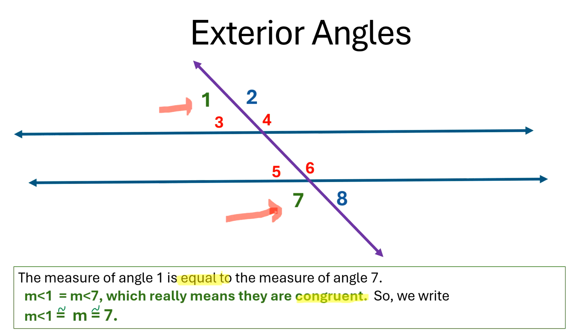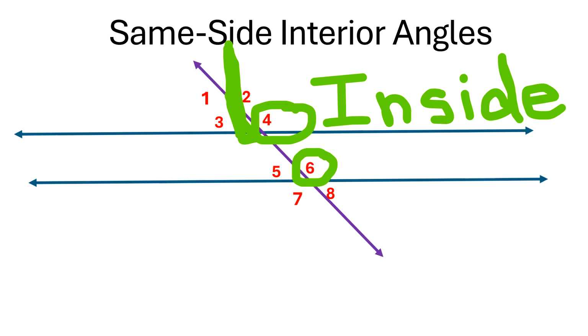The way your homework does this, sometimes it may get you to think through what's going on, and it may ask you to do a question in another way, and we'll review that. So I circled 4 and 6 here because these are your same side angles, and here's the problem. On the other side, it was 1 and 7.